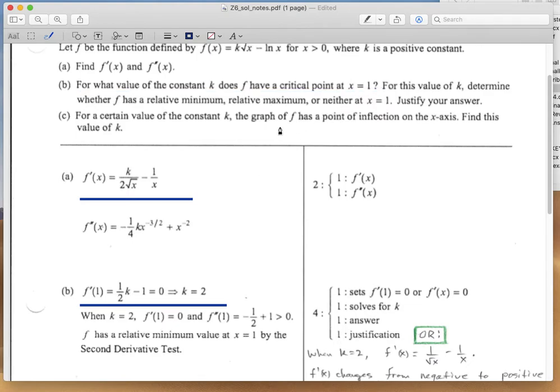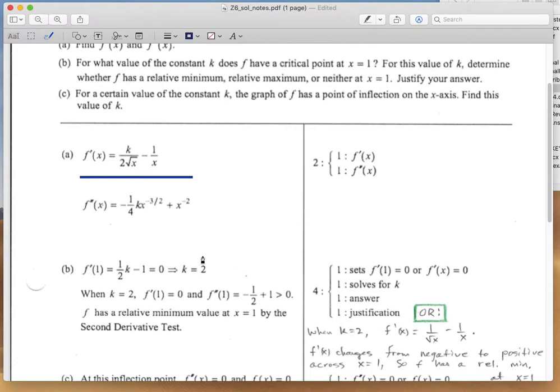So now that we found k, now that k equals 2, how do we know whether that's a relative minimum, a relative maximum, or neither? There's two ways to justify this. We can either use the first derivative test or the second derivative test. And they really did set us up for the second derivative test. Why? Because they made us find the second derivative as part of the question before. So, how does the second derivative test go? When I am at a critical number, so when x equal 1, remember we already know that k is 2.